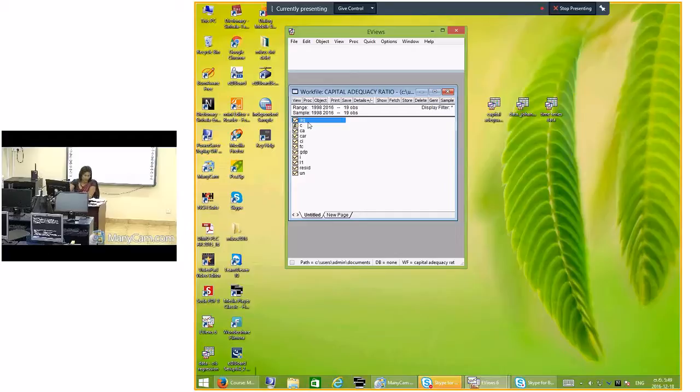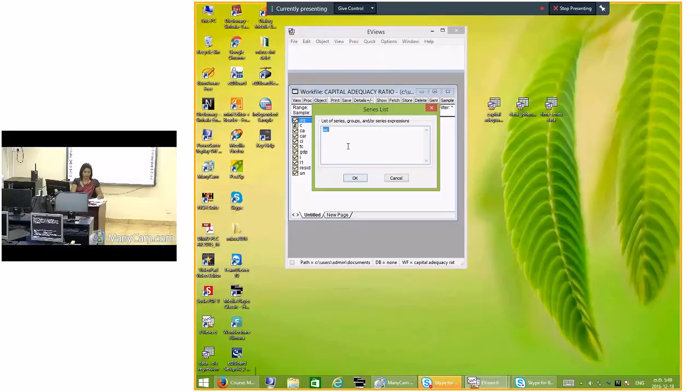So check each of the variables. Go to the graph. This is adequacy, CA, capital adequacy ratio, CI, FC, GDP, interest and unemployment. Right, those are the variables.